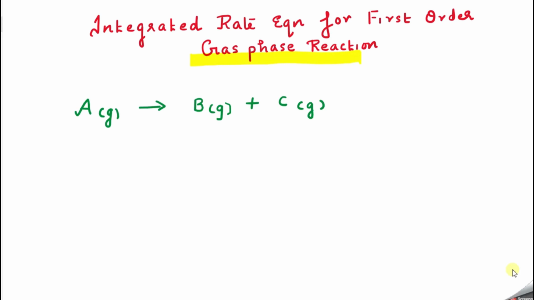We know from states of matter, the gas equation PV is equal to nRT. Now here the biggest doubt students ask is, sir, instead of concentration, how are you considering pressure here?